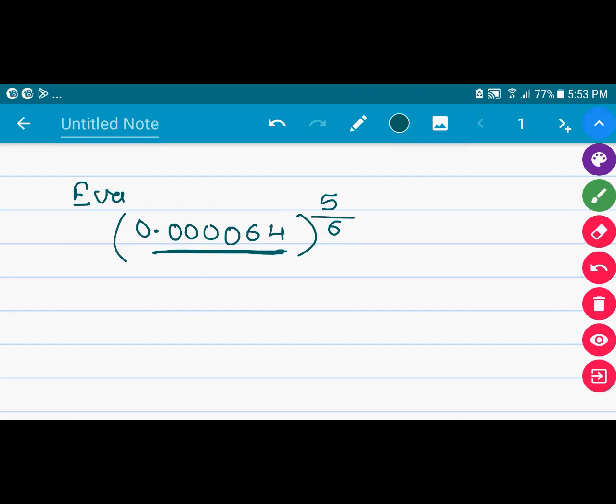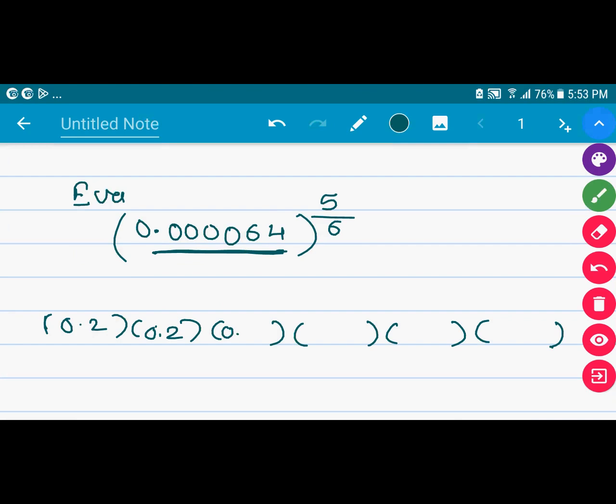So 64, you have to think back. If we take 0.2, then how many times do we have to multiply 0.2 with 0.2 so we can get 64? 2 to the 4, 4 to the 8, 8 to the 16, 16 to the 32, 32 to the 64.